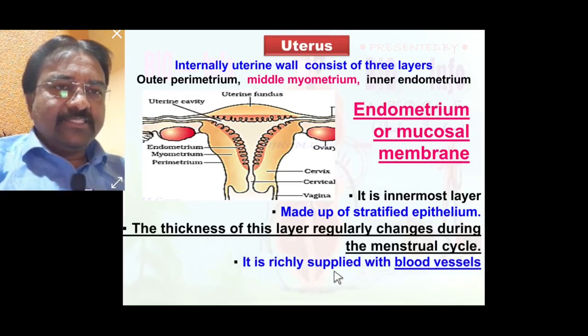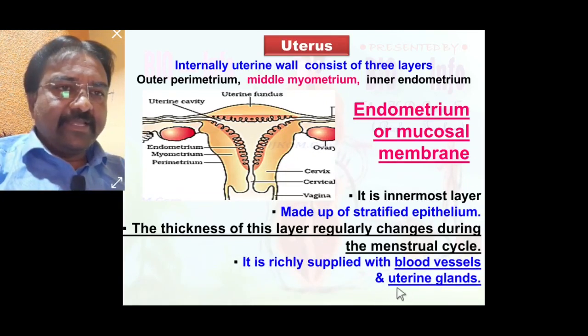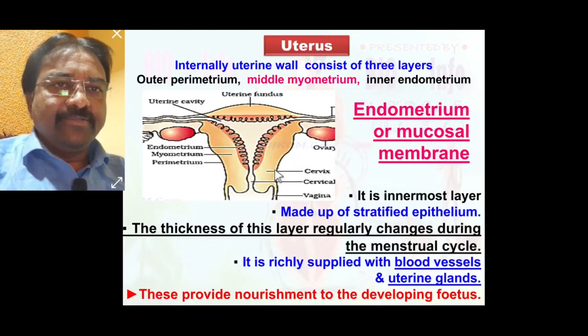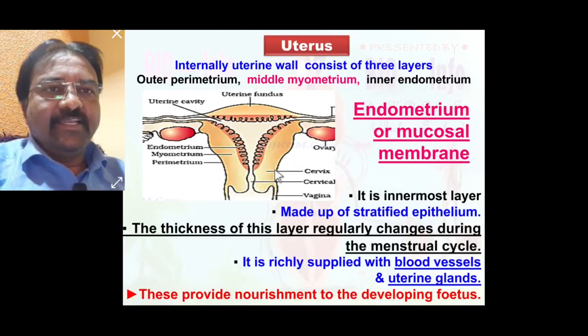It is richly supplied with blood vessels and uterine glands, because it provides nourishment to the developing fetus. You know that the uterus is one of the most important parts of the female reproductive system. Inside it, there is complete development of the embryo.